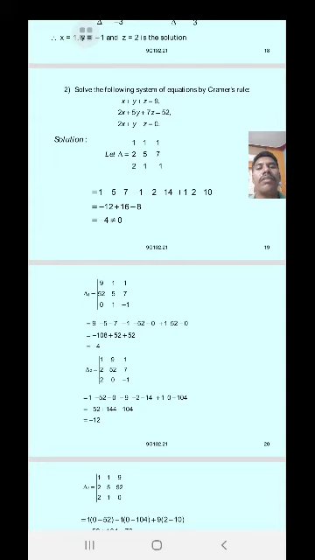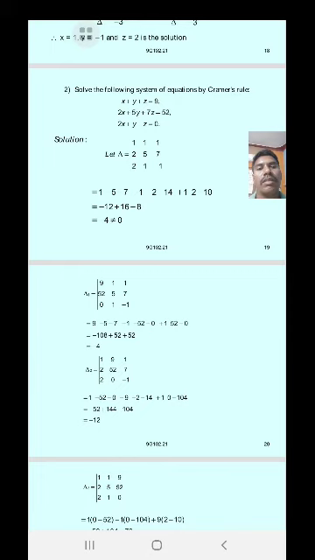Let delta equal 1, 1, 1, 2, 5, 7, 2, 1, minus 1. And we already know how delta is formed. In the previous question also we discussed it is formed from the equations' coefficients.